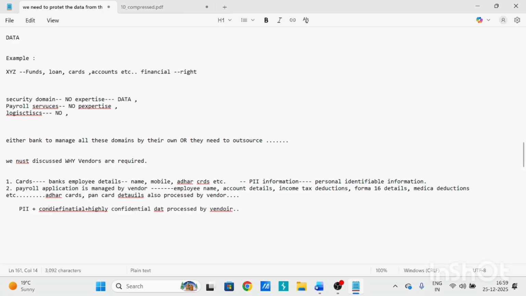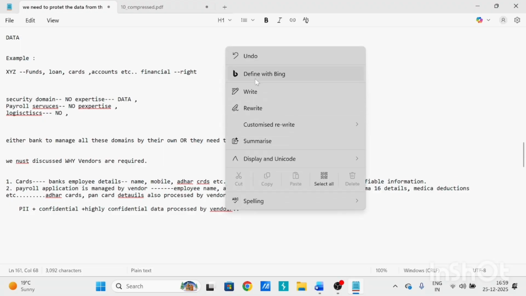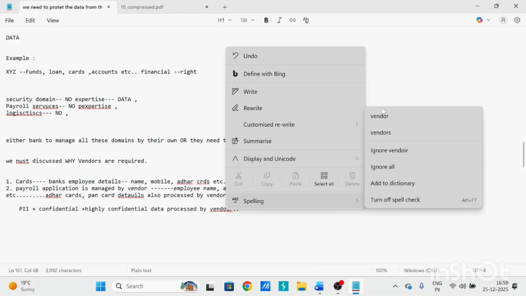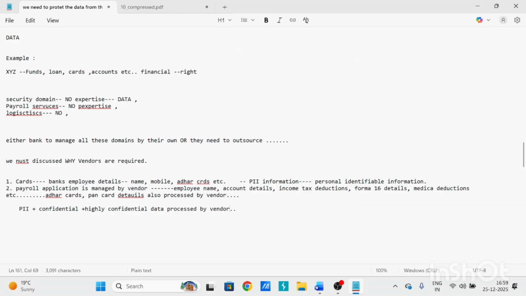Confidential data processed by the vendor. In the first example, the PII information was there, and in the second example, we have PII information, confidential data, and highly confidential data processed by the vendor.